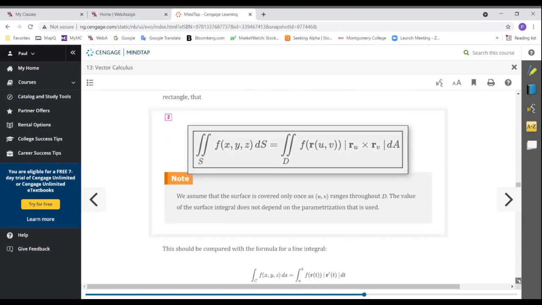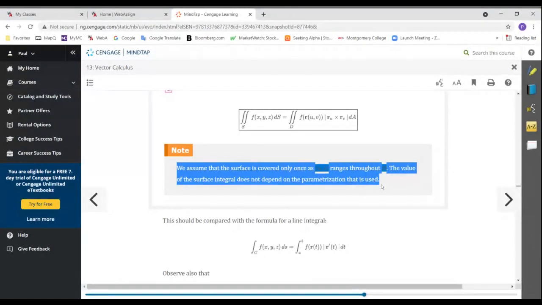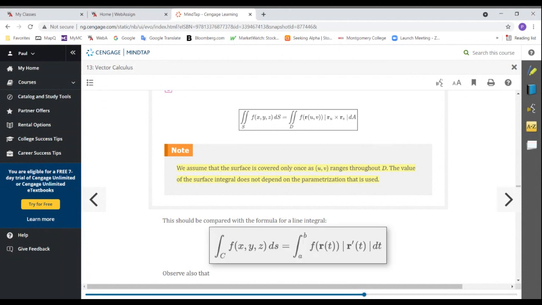So they mention in the book, of course, that we assume the surface is covered only once as u, v ranges throughout D. And they mention that the formula you see there for the surface integral is analogous somewhat to the formula for the line integral with respect to arc length. It's really absolutely beautiful what you're seeing here. Are there any questions on this?